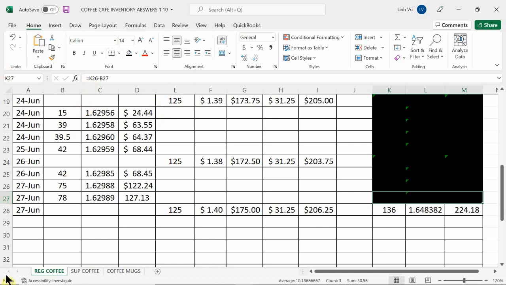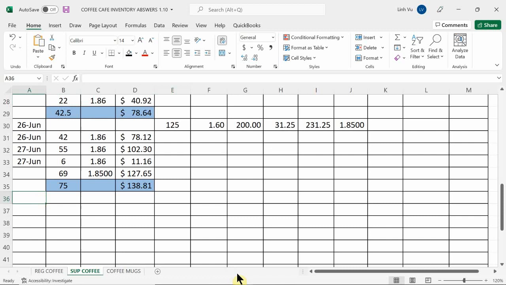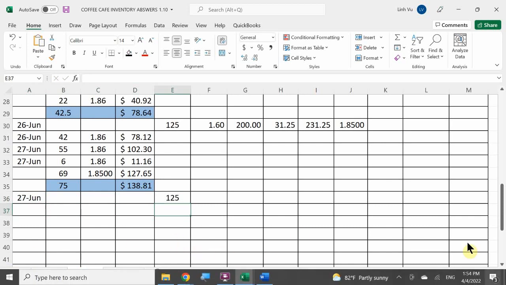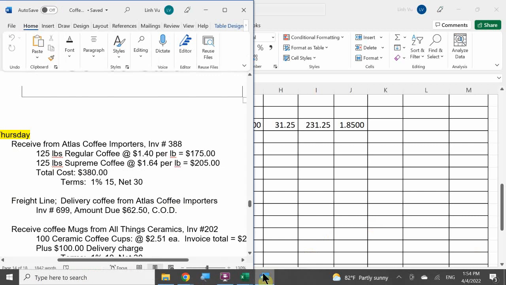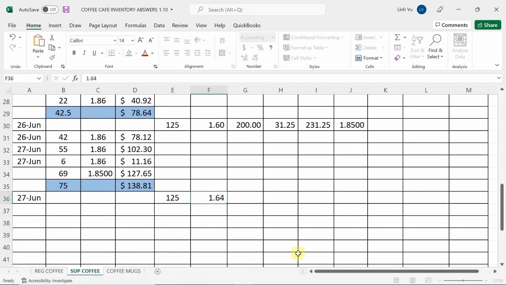Now we have to do my Supreme coffee. We purchased 125 pounds at $1.64 plus 31.25. What's my total cost here?